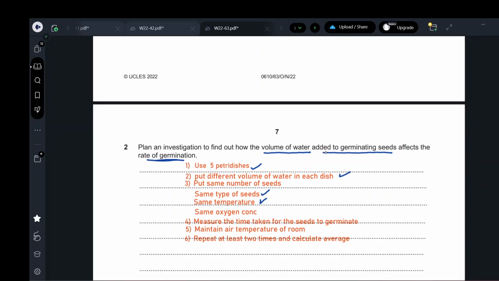For example, after 2 days, count the number of seeds germinated in each dish. Maintain the air temperature of the room. Repeat at least 2 times and calculate average. As we said, you have to put the petri dishes in the same temperature, either by putting them in a water bath, or fixing the temperature of the room that they are in.